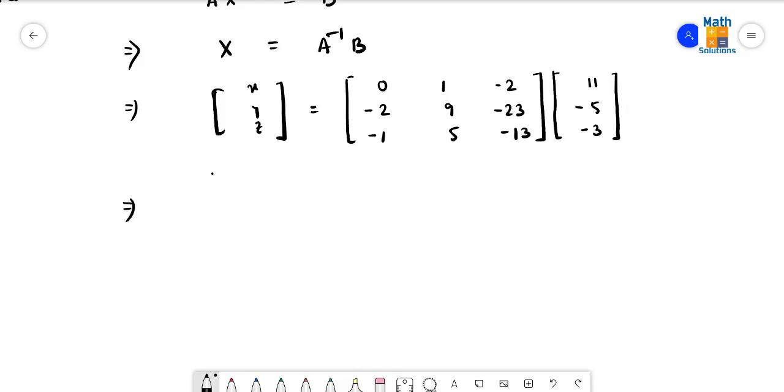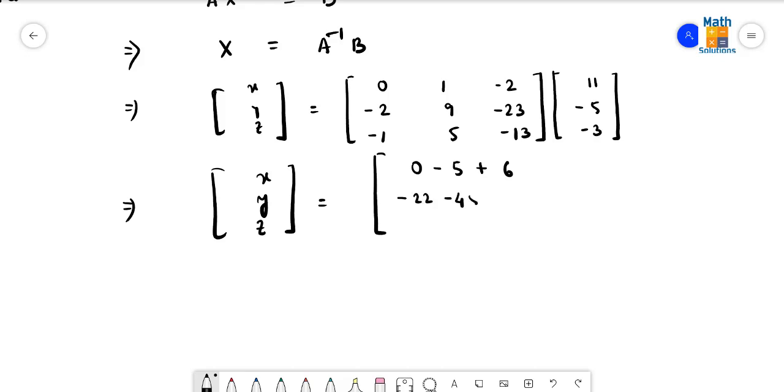Then x, y, z is equal to 0, minus 5, plus 6, then minus 22, minus 45 plus 69, then minus 11 minus 25 plus 39. So let us check what we get.